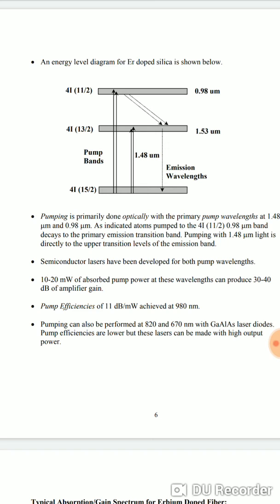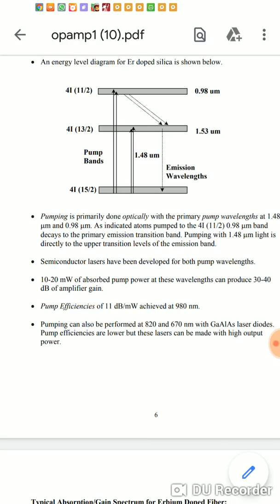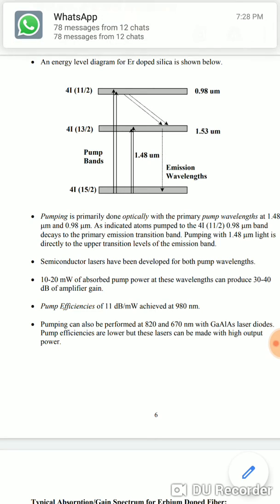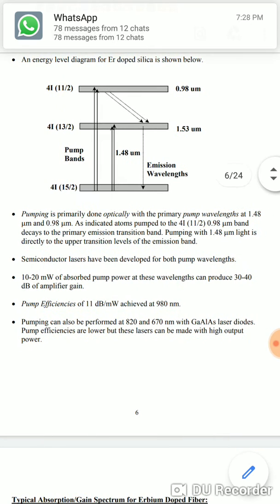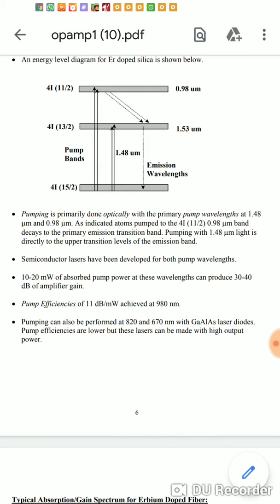That is called the pumping process. Then from that highest energy level we can make the transition of electrons to the lower energy level as per our requirement. Pumping is primarily done optically, with primary pump wavelengths at 1.48 micrometer and 0.98 micrometer. Those are the wavelengths specified in this process.